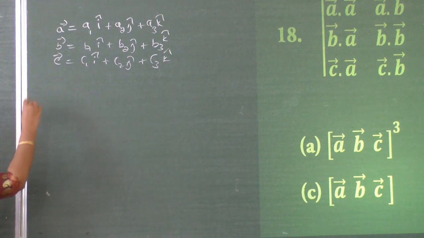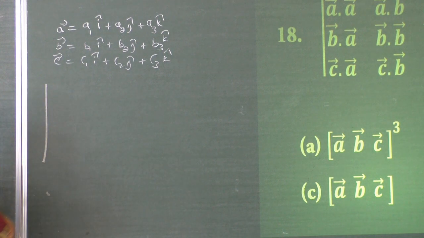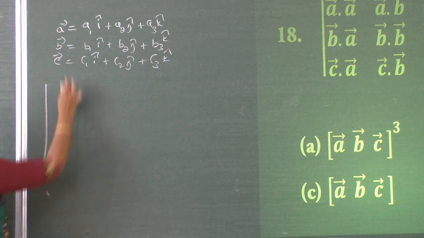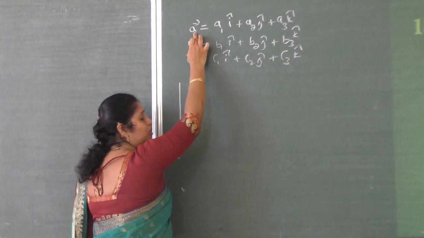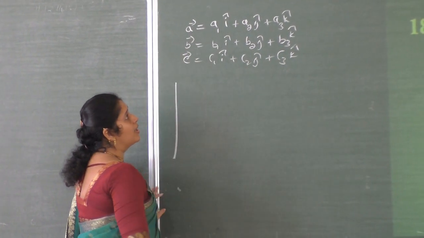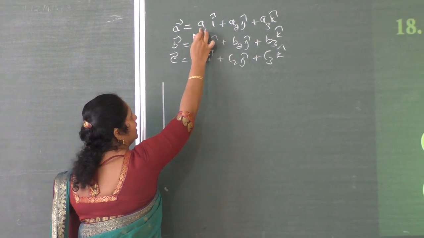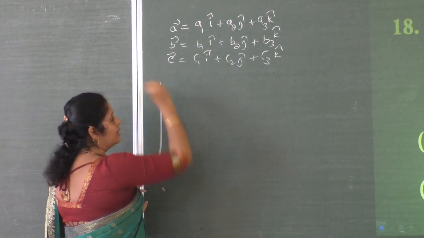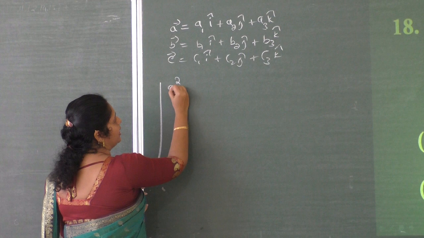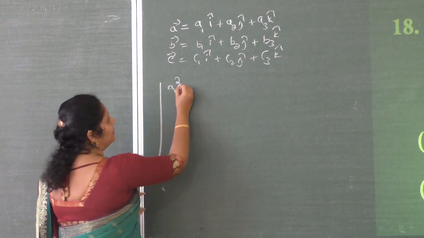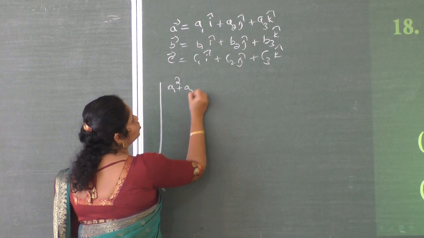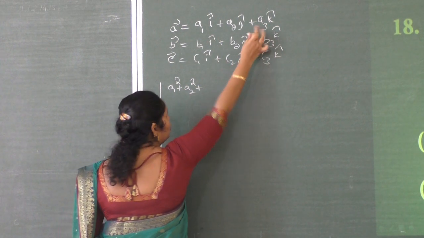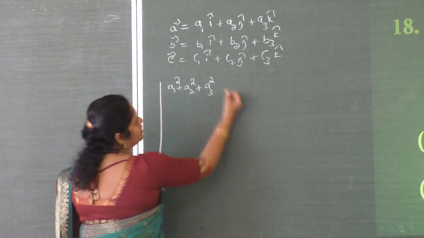Okay, now the determinant of vector A dot vector A. Vector A dot vector A means taking the dot product with the same vector, so I will get A1 A1, that means A1 square, plus A2 into A2, A2 square, A3 into A3, A3 square.